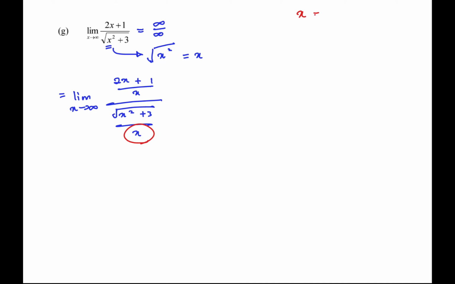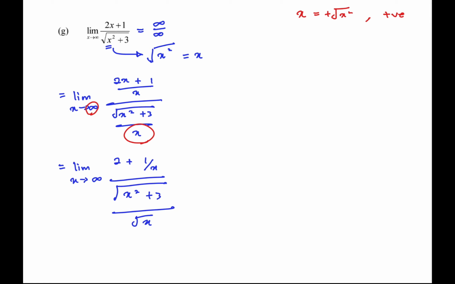So x equals the square root of x squared, and this one is positive because it is a positive value here. Okay, so it becomes the limit as x approaches infinity of (2 plus 1 over x) divided by the square root of x squared plus 3 divided by the square root of x squared.